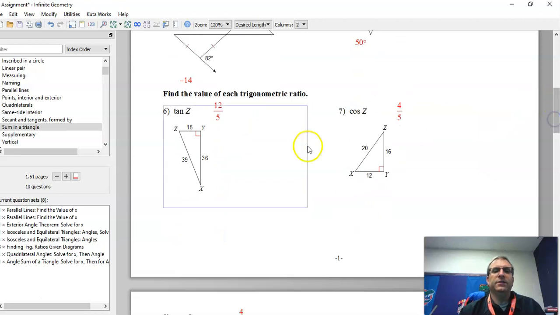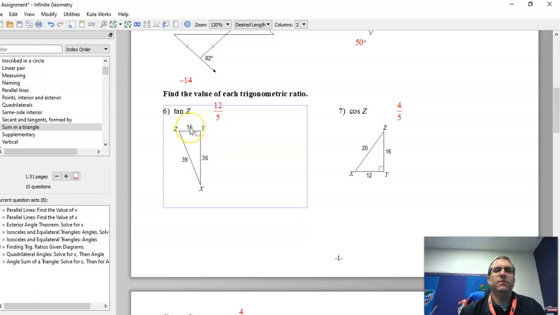Tangent of angle z, the tangent, the ratio. Tangent of angle z is on O is first, goes on top, so it is opposite over adjacent.